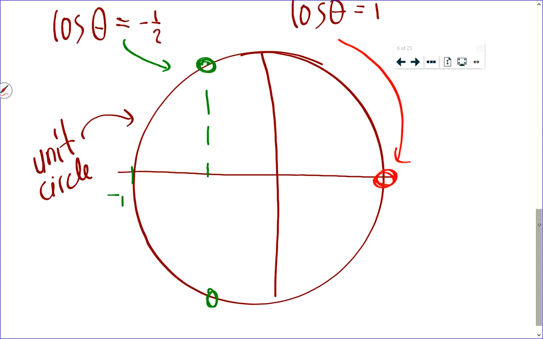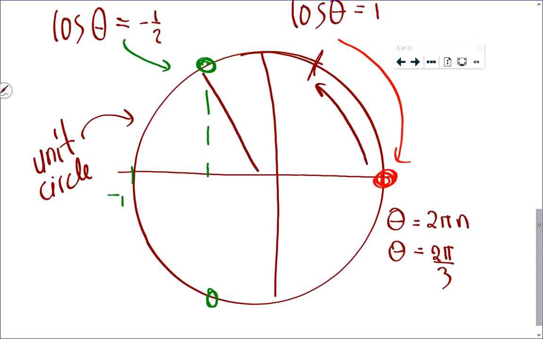Well, this can be described by saying multiples of 2 pi. I don't think we need to say 0 plus multiples of 2 pi. Multiples of 2 pi does it. The one in quadrant 2 can be described as saying 2 pi over 3. Here's 1 pi over 3, here's a second pi over 3, plus multiples of 2 pi.